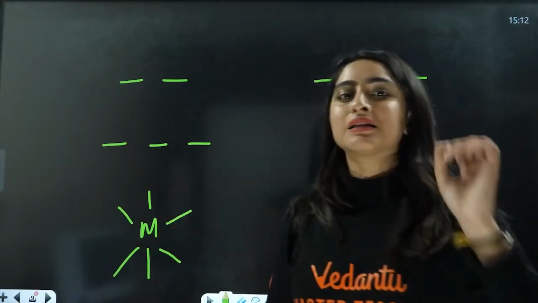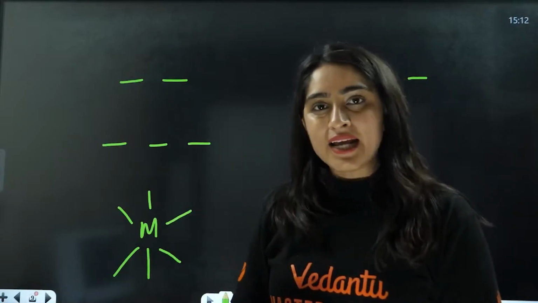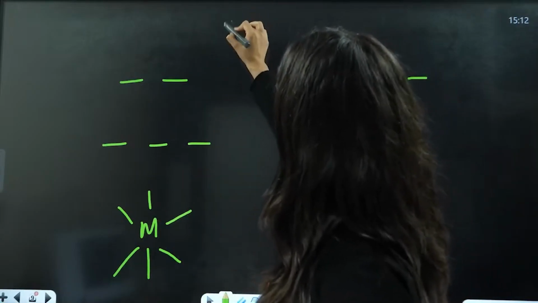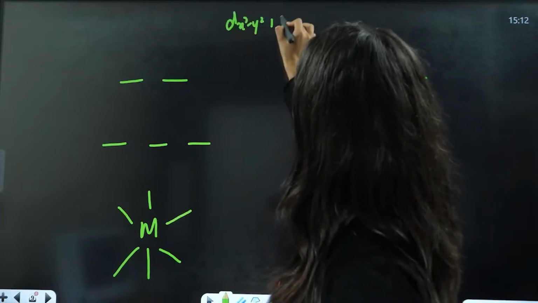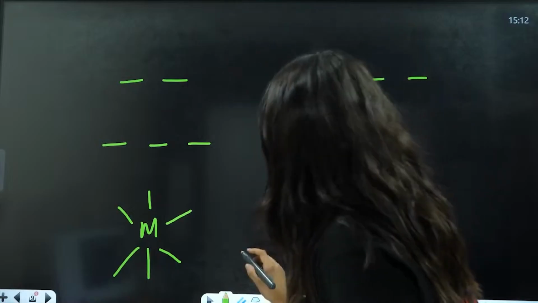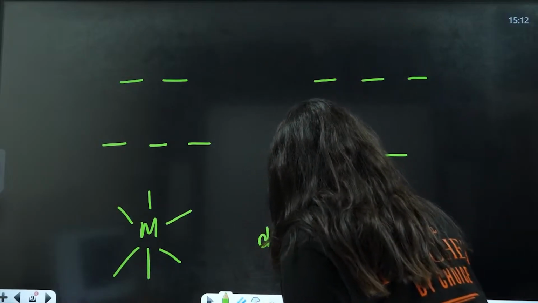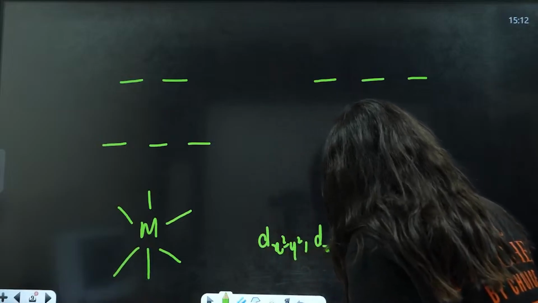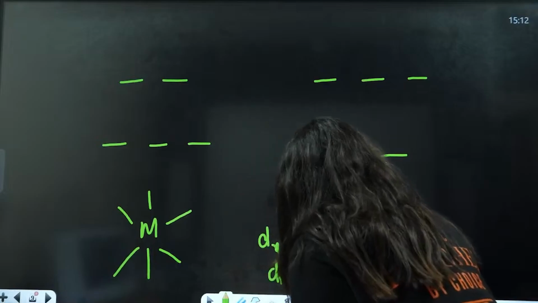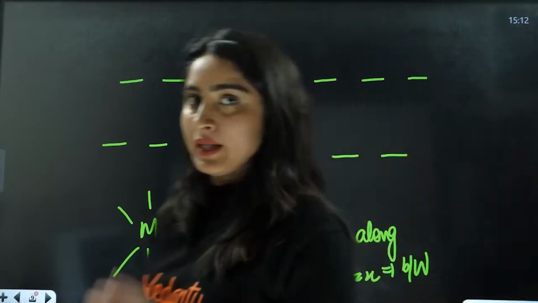Here the ligands are along the axis, and dx2 minus y2 and dz2 are also along the axis, and dxy, dyz and dzx are between the axis.